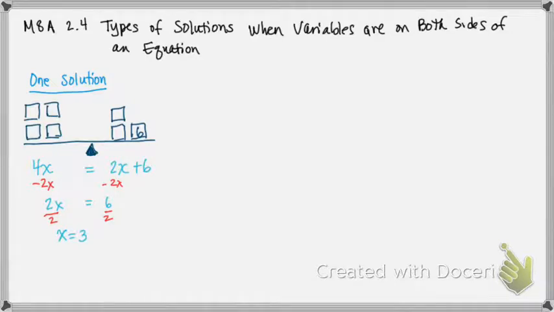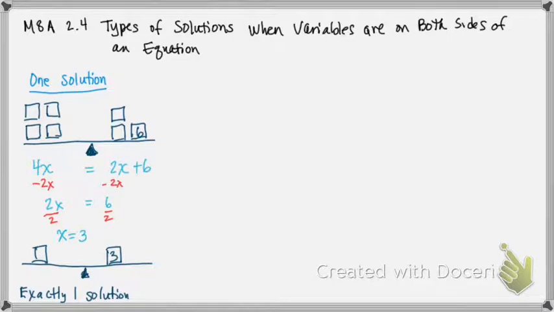So the result is, if we had that scale, one box would be the same as a box that has 3 in it. So we have exactly one solution. Okay, and again, that's what we expect to see.